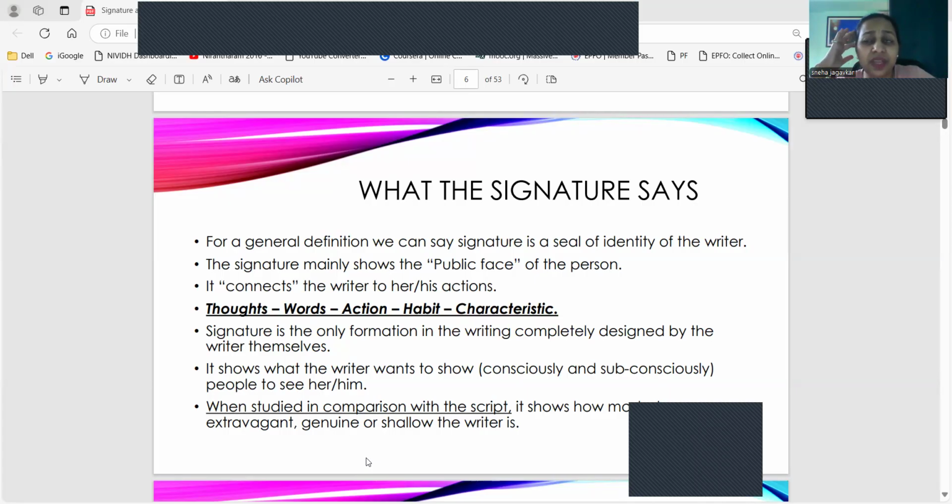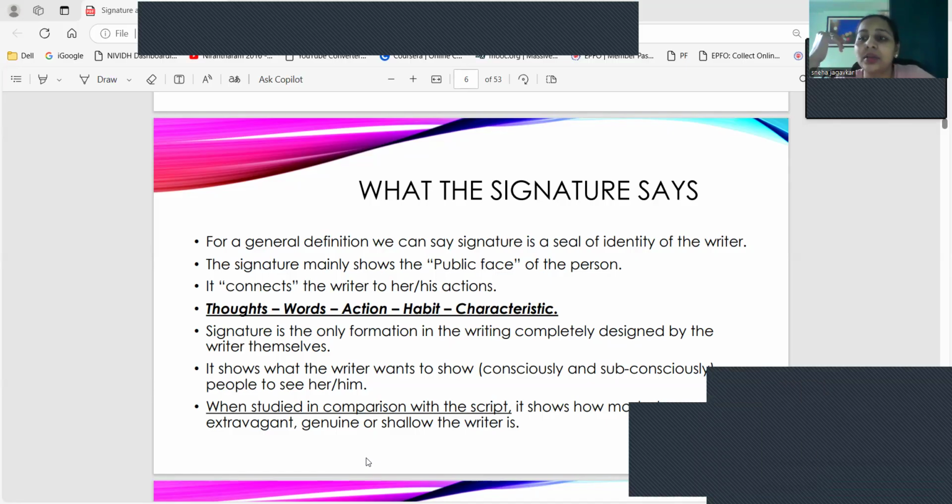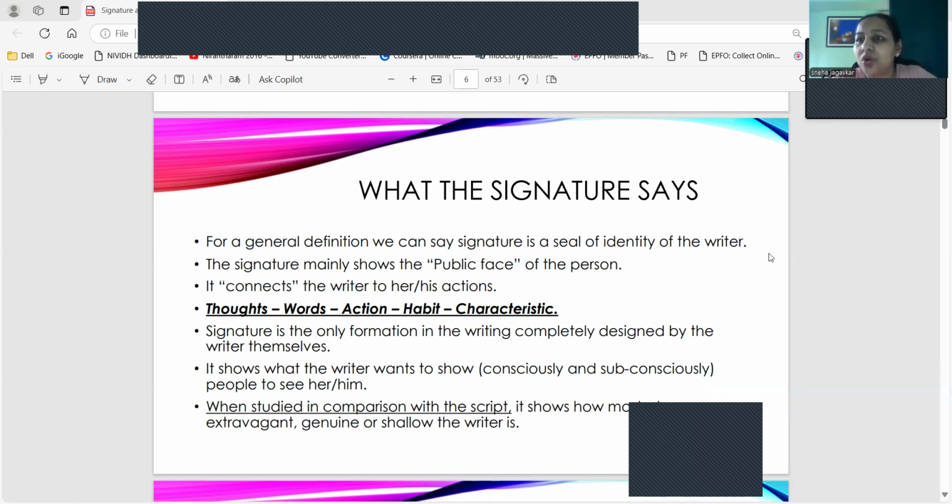If they are stuck, we can help them by giving some very neutral topics, like their thoughts on cricket, today's politics, or their first car, anything. These could be a few basic neutral topics that we can give them to write for the content.